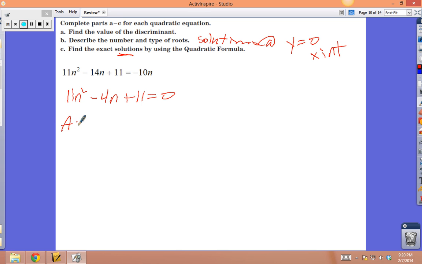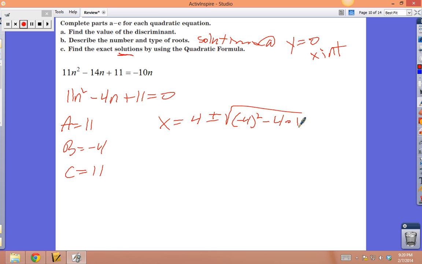So a is 11, b is negative 4, c is 11, x equals negative b. So that's going to be positive 4 plus or minus the square root of b squared minus 4 times a times c, all divided by 2 times a.